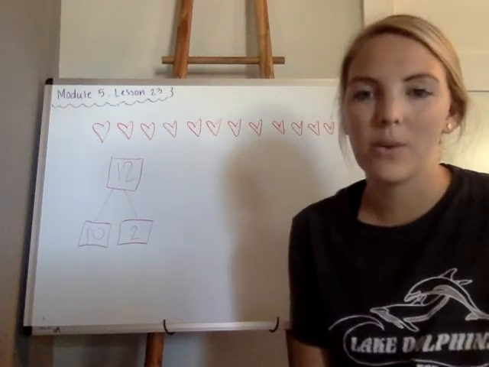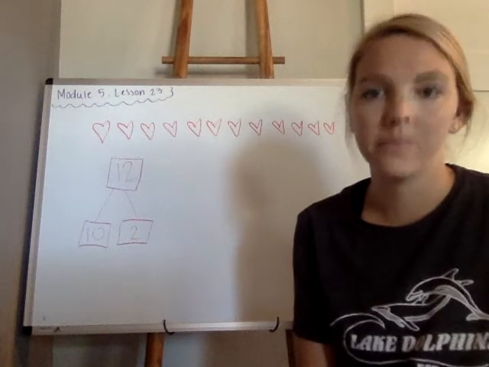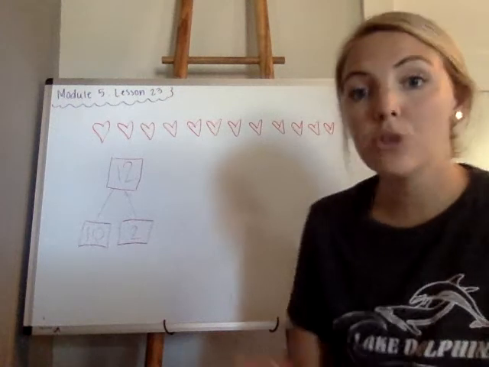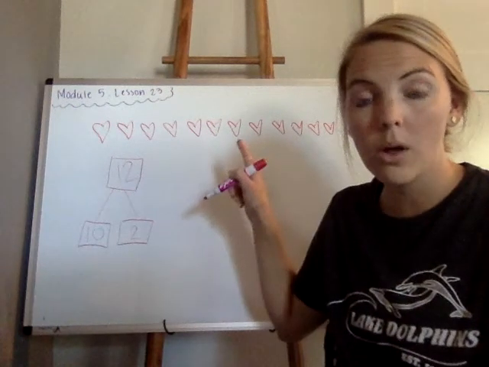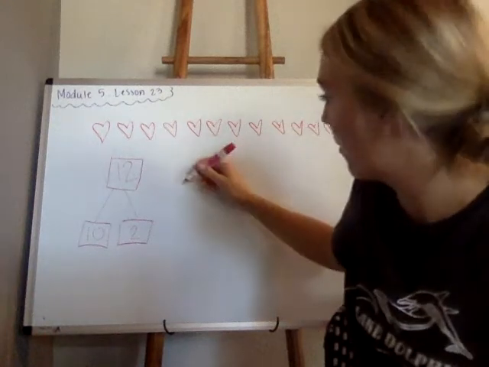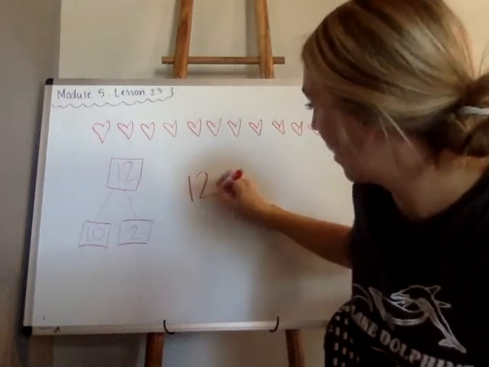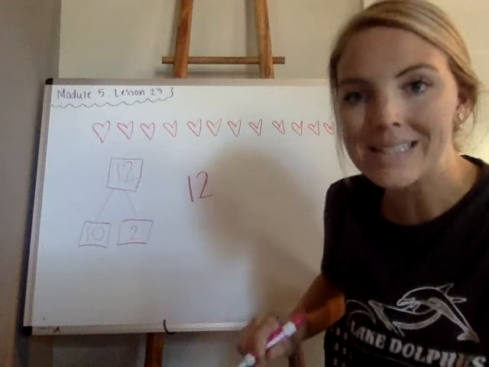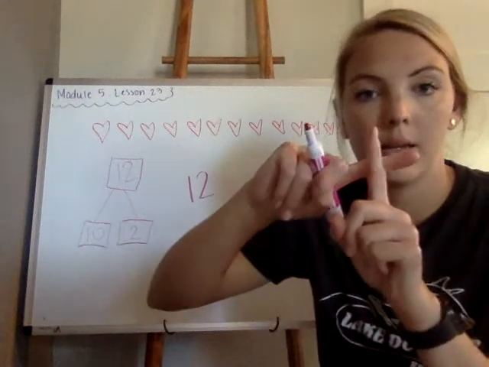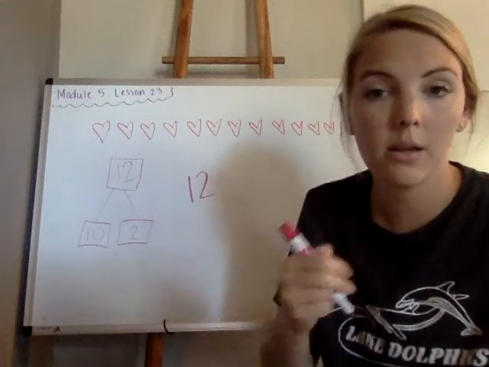What is another way I can show this? What do you think? What have we been working on? Yep, a number sentence. So I'm going to start, since I had my whole, because my picture showed and I counted and I got my whole, I'm going to start with my whole. So I have 12. What sign do I have to do? Do I do a plus sign or an equal sign?